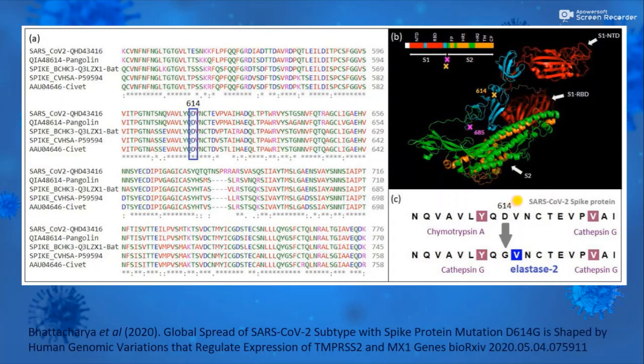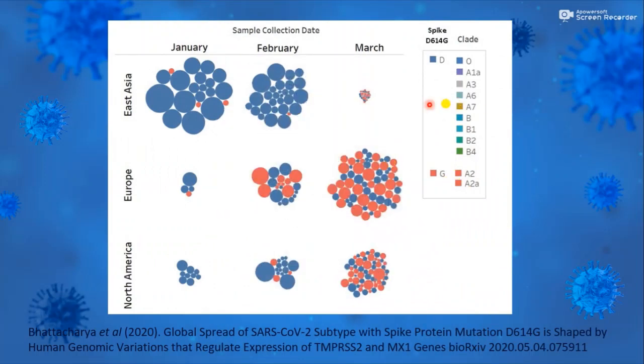According to their analysis, this change leads towards elastase, a serine protease that can cleave this protein. That is the mutation they have shown. In East Asia and in Europe, it was shown that slowly this variant is taking over the other variants.